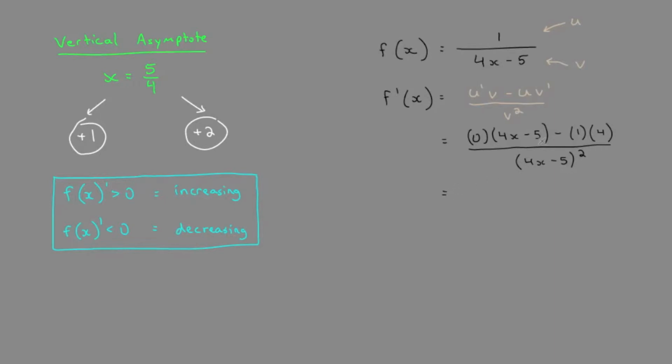Simplifying this, we get 0 and -4 over our binomial squared.